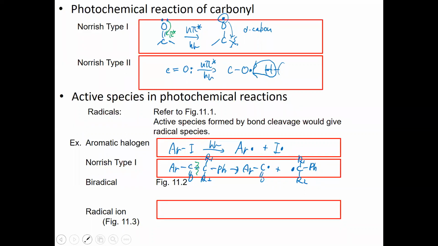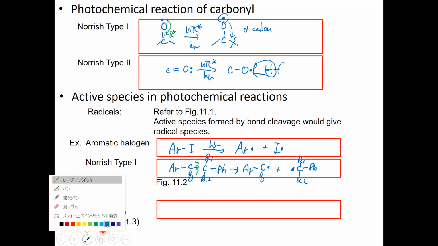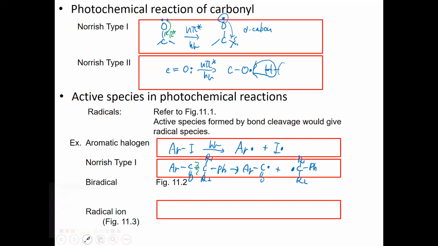And also you can find some radical ion species when you have a donor molecule and an acceptor molecule. The donor gives an electron to the acceptor, meaning that the donor molecule changes into a cation, and it's also a radical species.